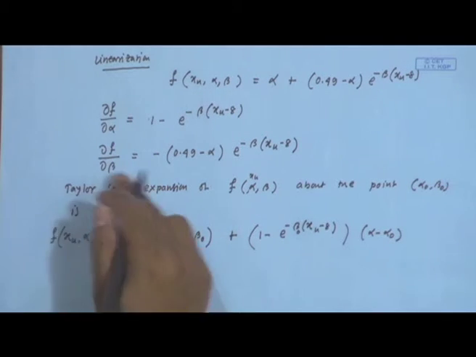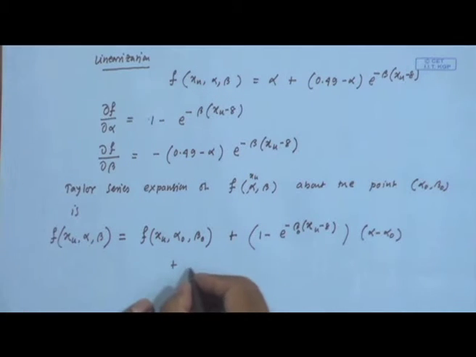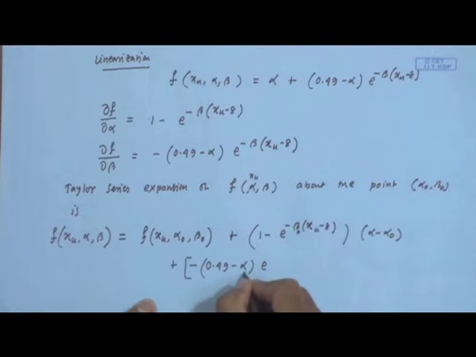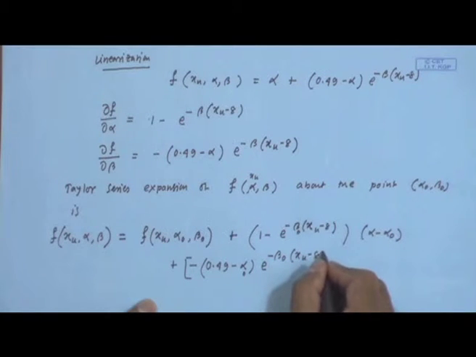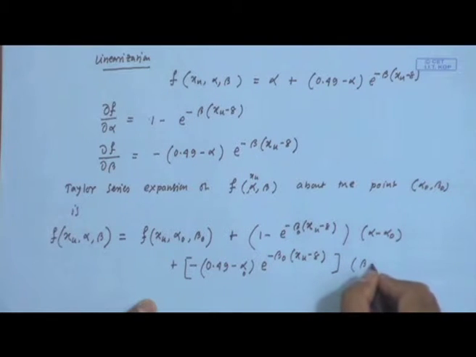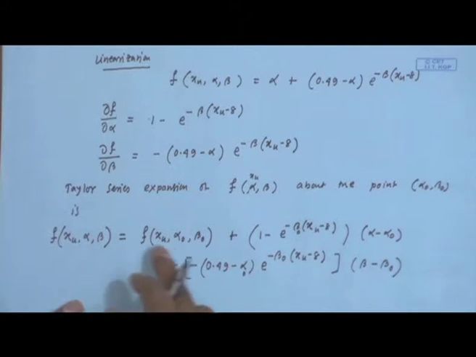plus the derivative of this function with respect to beta at the point alpha naught, beta naught. So, that is minus 0.49 minus alpha naught, of course, into e to the power of minus beta naught x_u minus 8, and then beta minus beta naught. Right. So, now you can see that this one is linear in alpha, beta.